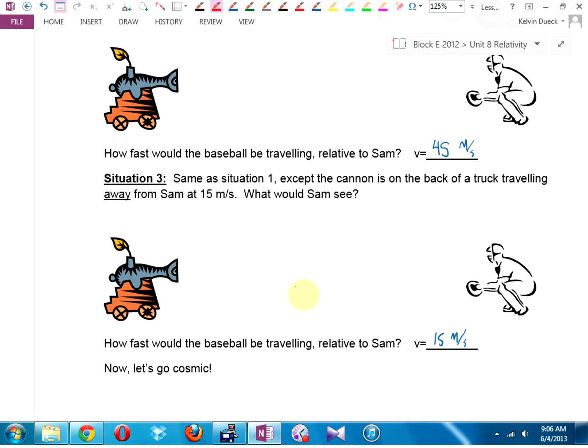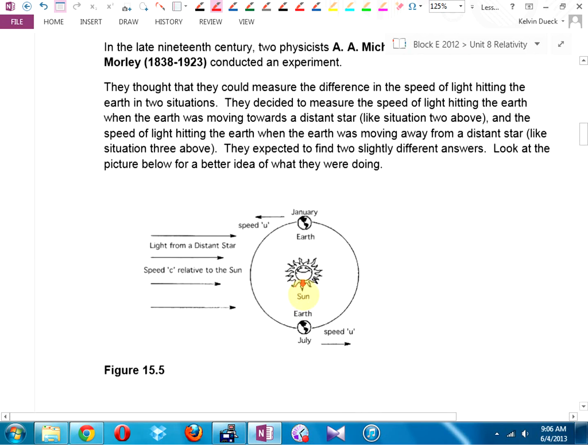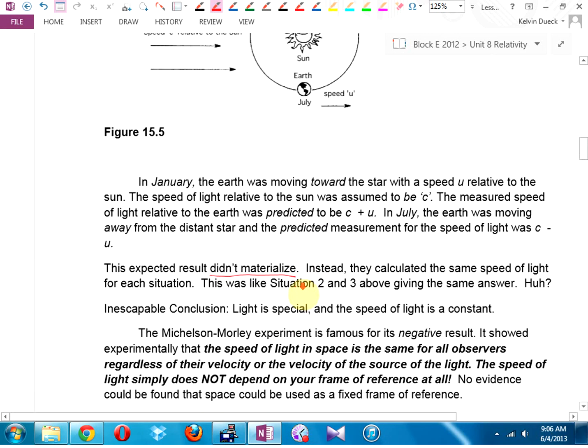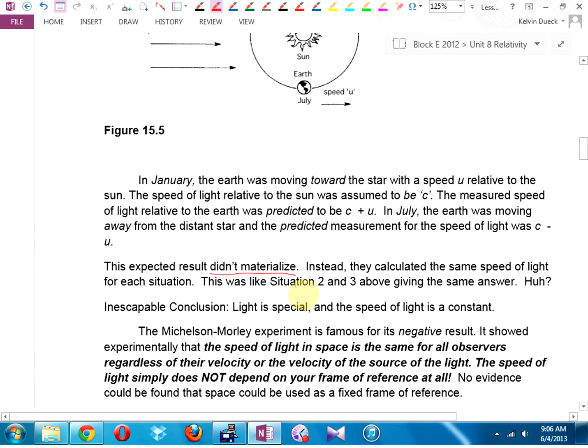Say what? There was only one conclusion. Light is special, and the speed of light is a constant. The speed of light itself never changes.